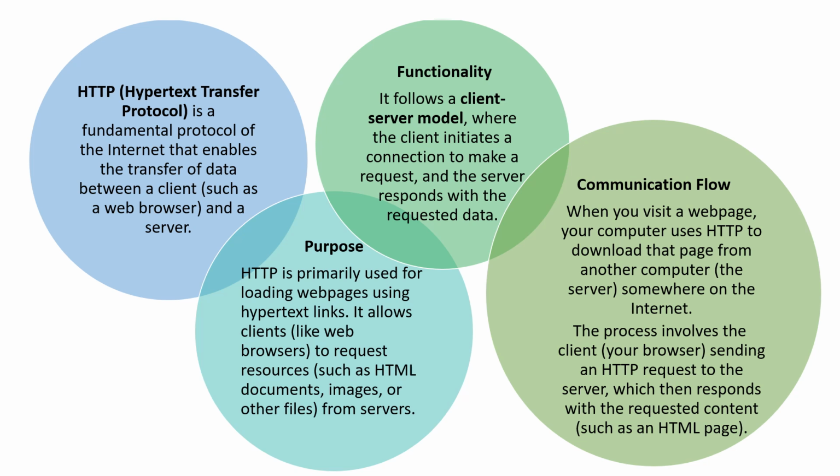The functionality is that it follows a client server model, where the client initiates a connection to make the request and the server responds with the requested data. Next, how the communication flow works: when you visit a web page, your computer uses HTTP to download that page from another computer, that is, a server somewhere on the internet.